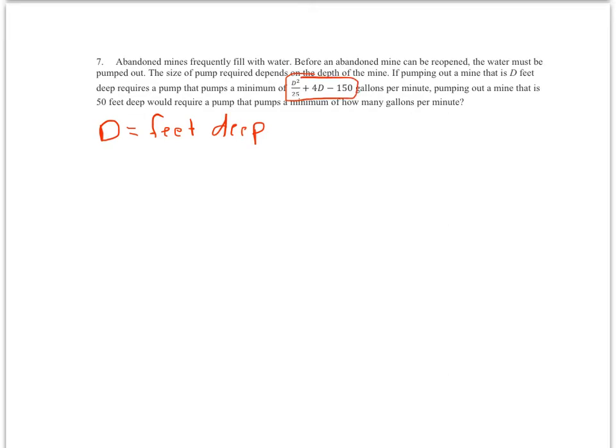Pumping out a mine that is 50 feet deep will require a pump that pumps out a minimum of how many gallons per minute. Notice it says it's 50 feet deep. D is 50 is what this is saying. So you just take and you substitute into this formula for your D's with 50.